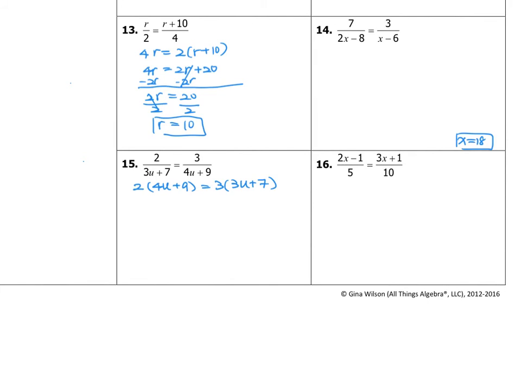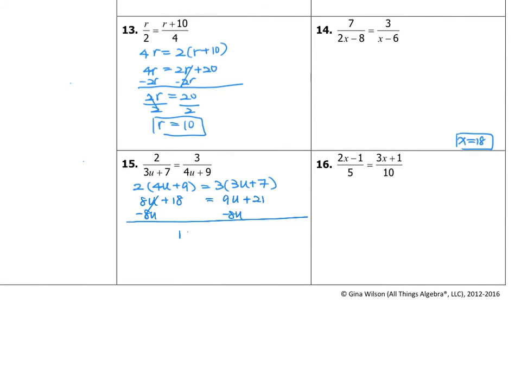So now distribute. I have 8u plus 2 times 9 is 18. 3 times 3u is 9u plus 3 times 7 is 21. So now I can subtract 9u, but it's probably easier to subtract the smaller one, because this is why.